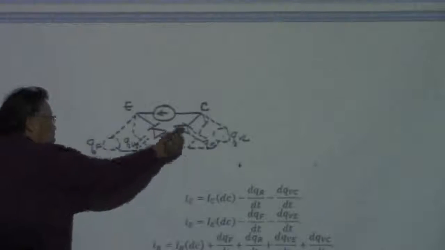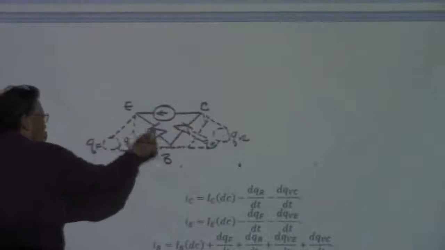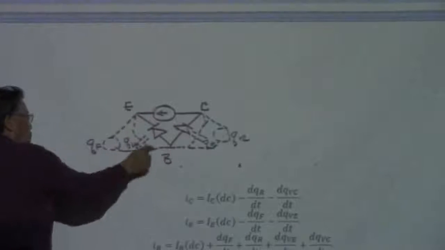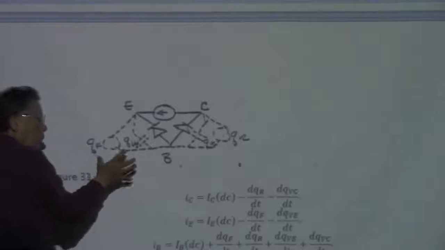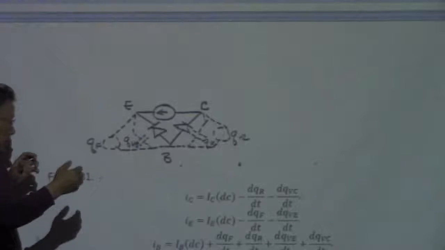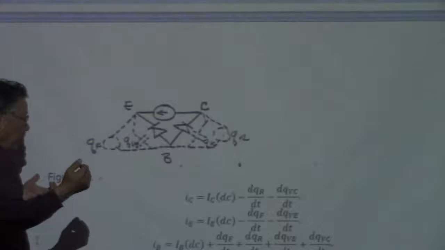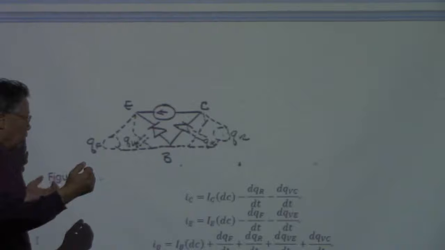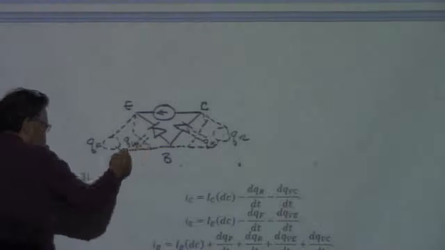You have a DC charge control current, and then there are charges that vary with respect to time, the space charge and the diffusion charges.